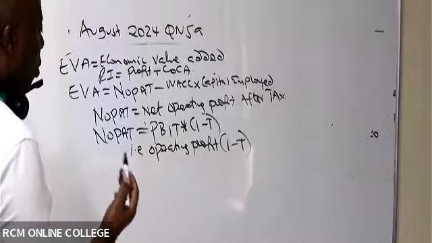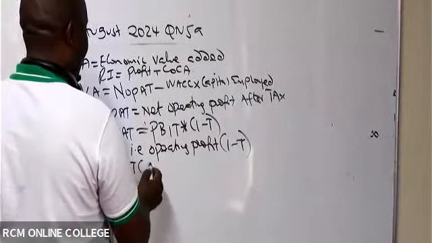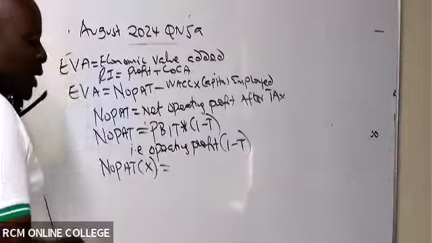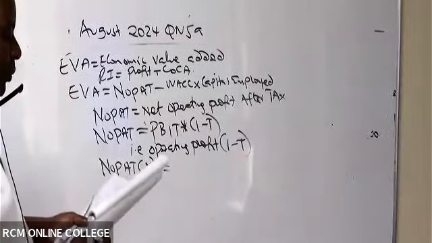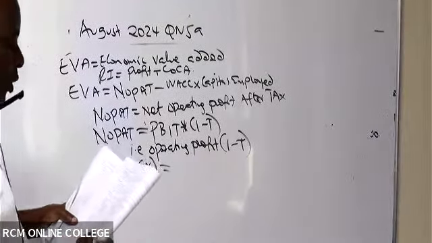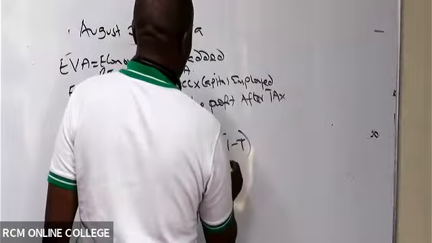They have not given us NOPAT for X, but fortunately they have given us the operating income for X, which is 82,500. So 82,500 times 0.7.